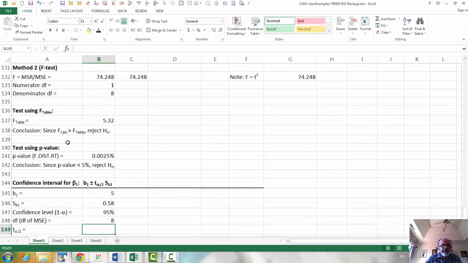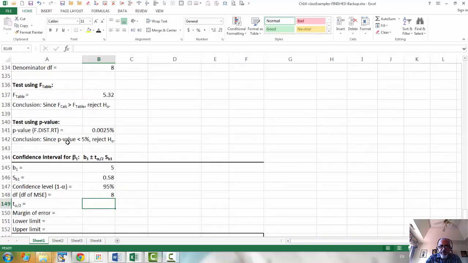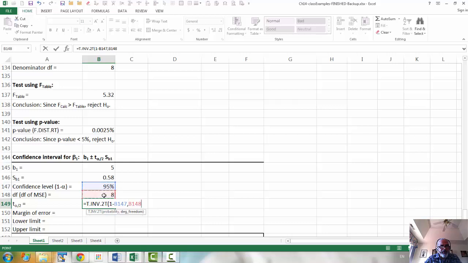The degrees of freedom is the degrees of freedom for MSE, which we have here again in the T test area. So the T table value, t sub alpha over 2, is T.INV.2T, and the probability is the alpha value, which is 1 minus the confidence level, comma, degrees of freedom.